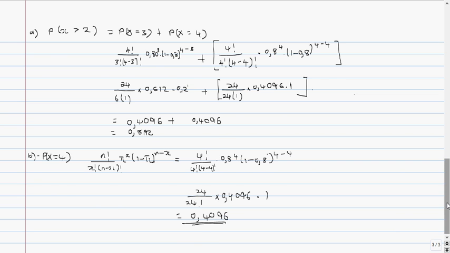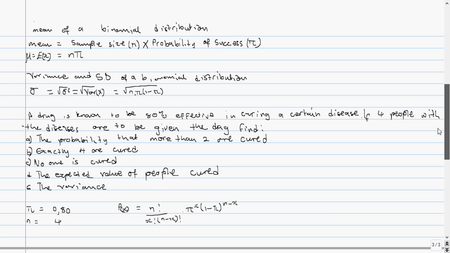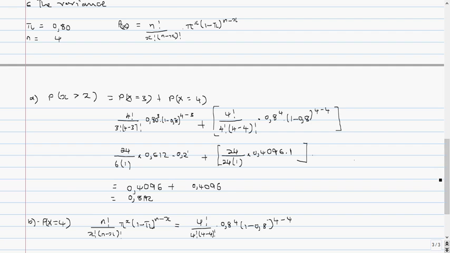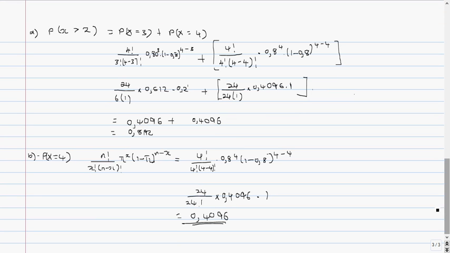The next one that we're going to do is they said find the probability that no one is cured. Probability that no one is cured. So that's probability of curing 0 people. P(X) is equal to 0. That's the one that we're going to be looking for.